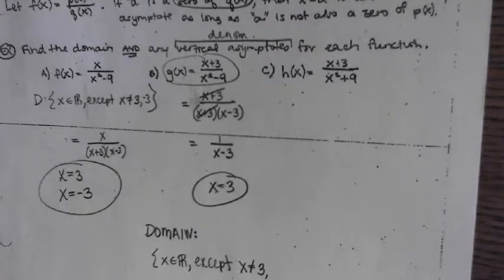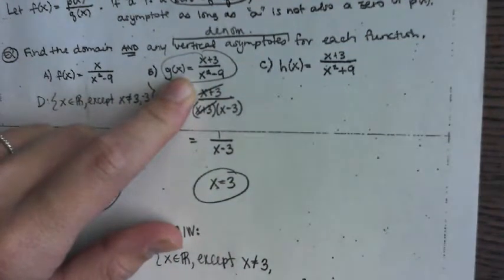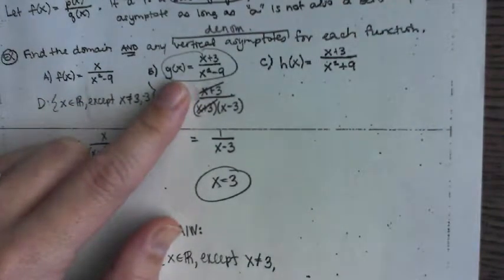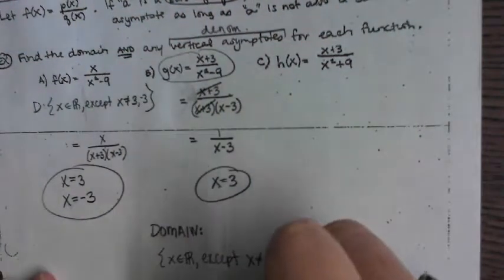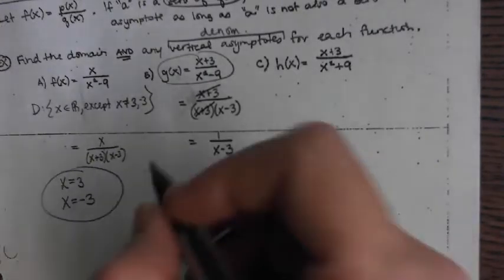What about g of negative 3? If you plugged in negative 3, what would g of negative 3 give you, Sarah? 0 over 0. Is that okay? No, so we can't be negative 3 either. So both of those numbers are still restricted from my domain, but they're not both vertical asymptotes. 3 is a vertical asymptote.